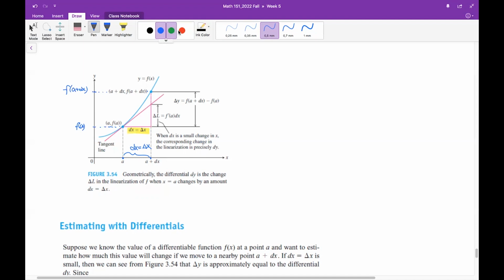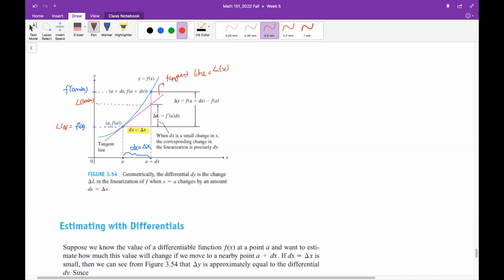And now let's look at the vertical direction. You know, this is our tangent line, and as we discussed before, it is the same as the linearization function. That's why the difference in the values of the images on the tangent line, this is L of a plus dx, and f of a is in fact the same as L of a in this case.